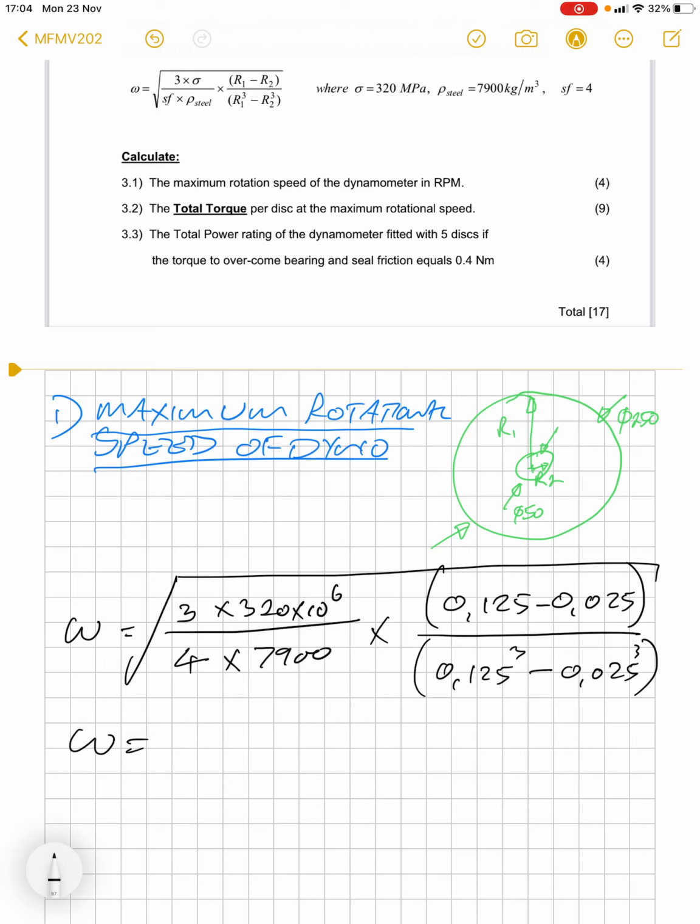And that gives us an angular velocity of 2.19 radians per second. We know that omega is 2 pi n over 60.